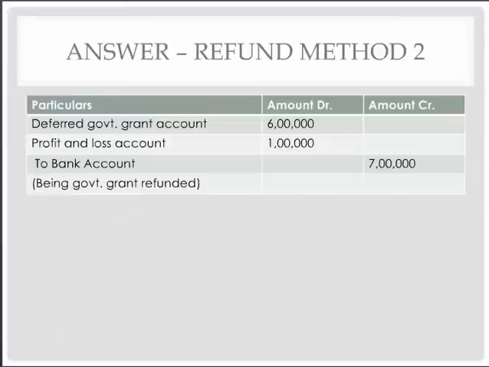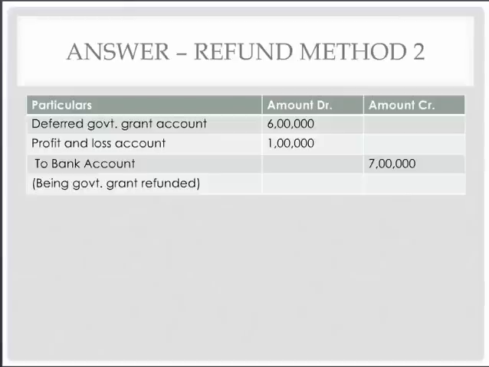Okay. Now let us understand what will happen in method 2. In method 2, instead of reducing it from the cost of fixed assets, we had shown it as deferred credit or deferred income. Now, for the first 2 years we had discussed that you had created fixed assets of 50 lakhs, you had depreciated by 9 lakhs per annum. So your WDV would have become 50 lakhs minus 9 lakhs minus 9 lakhs, which comes to 32 lakhs.